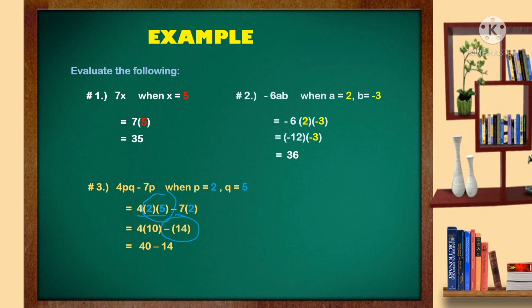If you remember our rules in integers for subtraction or addition, you have to copy the sign of the largest absolute value. Since 40 is the largest one, 40 minus 14 becomes positive 26.